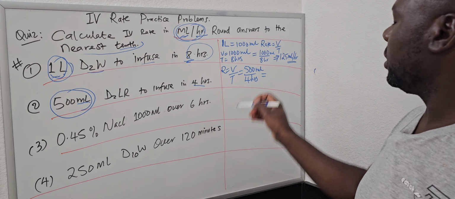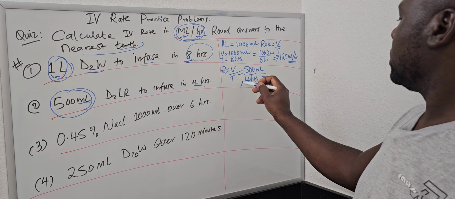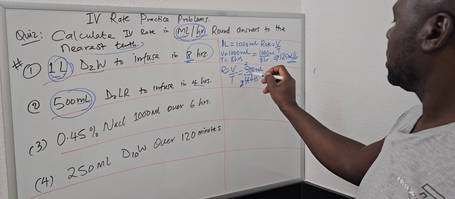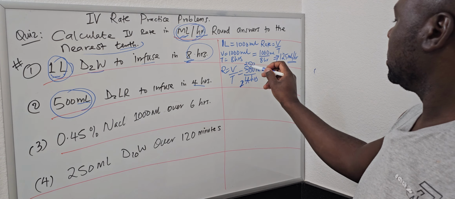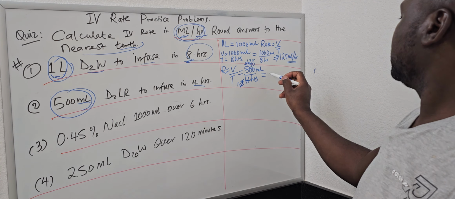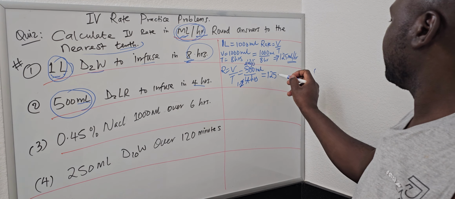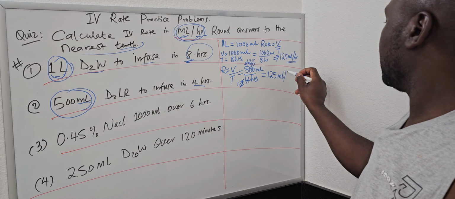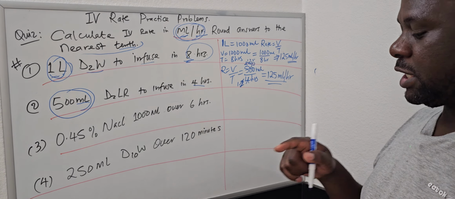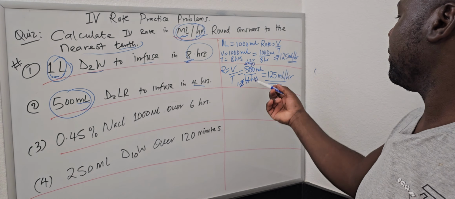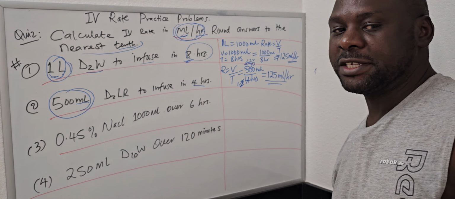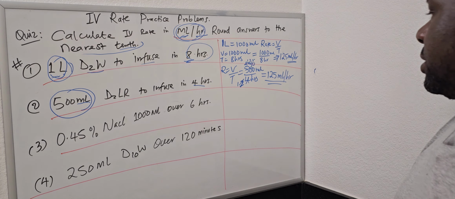The answer is the same, 125 milliliters per hour. If you don't know this, just use your calculator. Just put the numbers in, 500 divided by 4, and you have the answer automatically. It saves time, very fast. If you are doing a test, you don't need to waste your time.